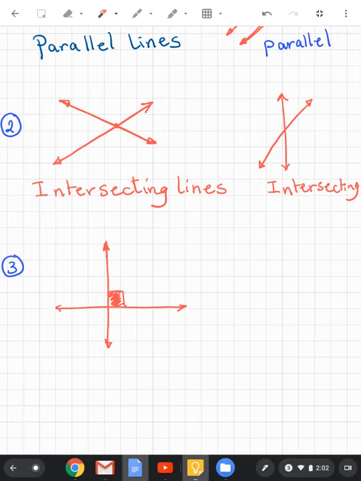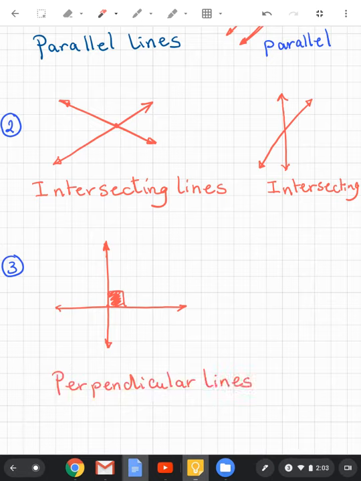When they cut each other to form a square corner, we call them perpendicular lines.